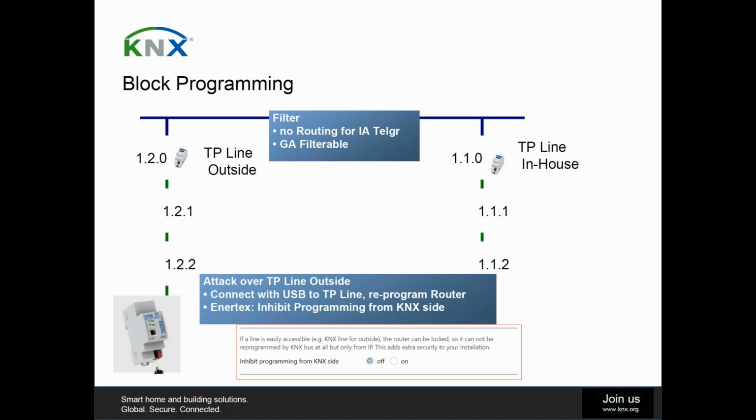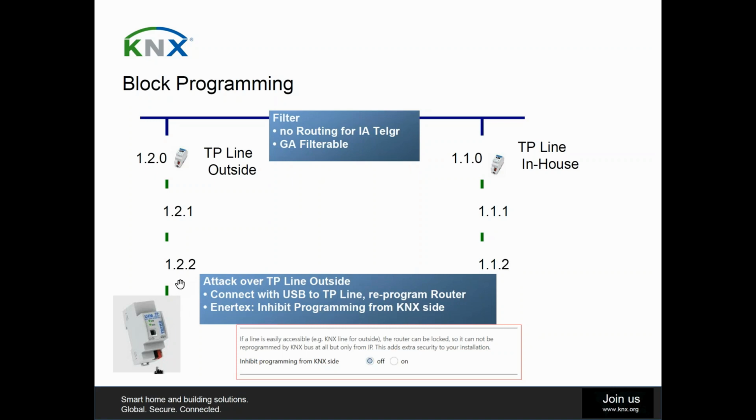We have in our device an additional feature. Normally, for example, if you have a standard topology like that in a normal house, where you have an in-house line and an outside line, there could be a possible attack in conventional routing situations. For example, I want to reprogram this device 1.1.2.